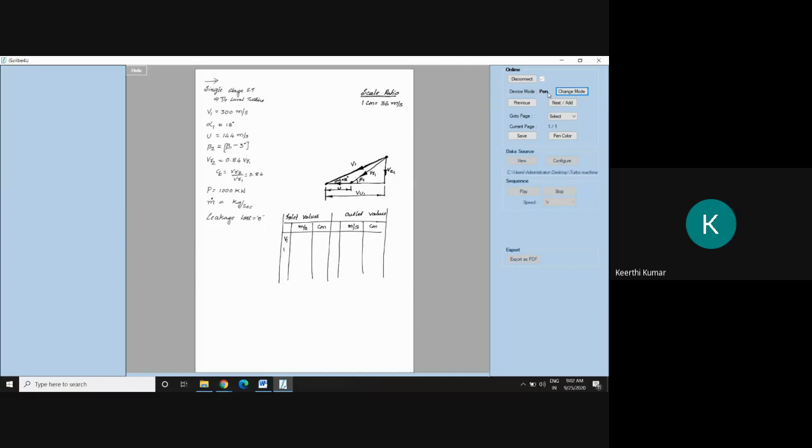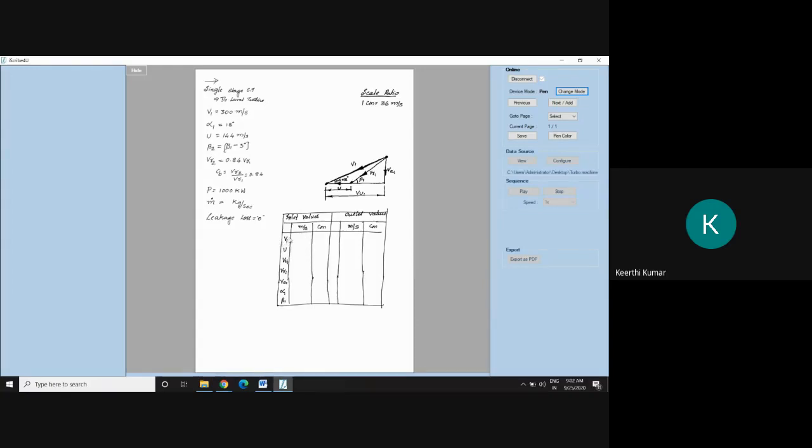V1 we know, U we can get from the figure, VU1, VR1, VA1 we can get from the figure, alpha 1, beta 1. This is the table you must write down. You can write the table separately as I did in the last class. That is left to you, how best you can represent. No marks will be given for this table. Marks will be given for the values we are taking from the figure.